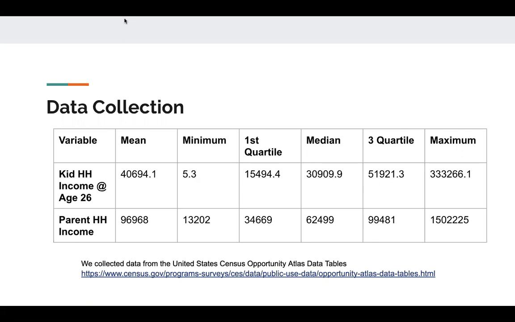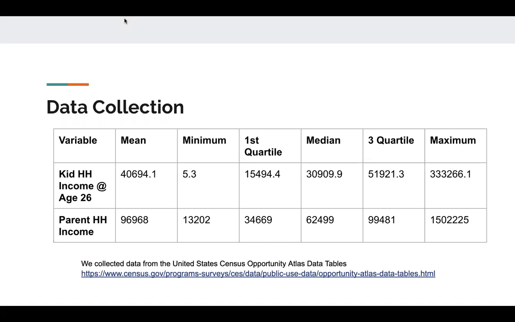For the parents, the mean income is just under $97,000, whereas the median income is $62,500, which is a difference of almost over $34,000.